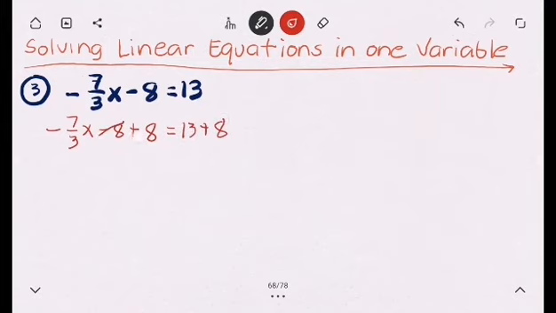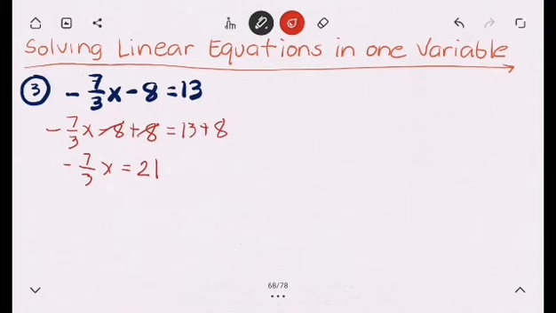Okay, so para ma-cancel ito, ang matitira sa left side is negative 7/3 x equals 21. Okay, so isolate. Ibig sabihin, dapat yung left side natin ay ang matira is x. So anong gagawin natin? We're going to apply multiplication property of equality.